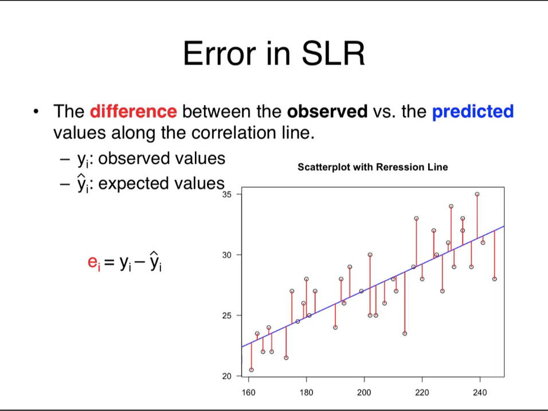The blue line is our predicted value of y for a given x. The red lines show the error or residual, the differences between the observed and predicted values. The smaller our residuals are, the better our model will be at making predictions.